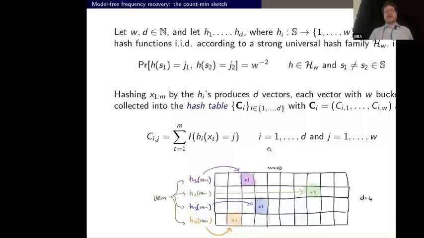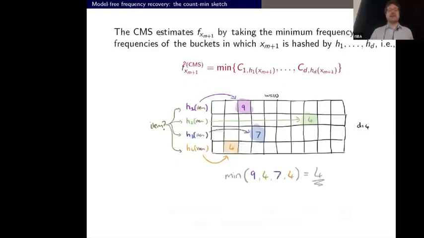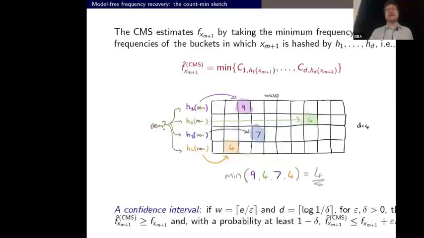Okay. So randomness enters into this game through the hash functions, and the count-min sketch proposes the following estimate. I take the minimum of the counts of the buckets where the individual is mapped. It makes sense because each count is an overestimate, so I take the smallest one. And there are guarantees for this, a confidence interval.